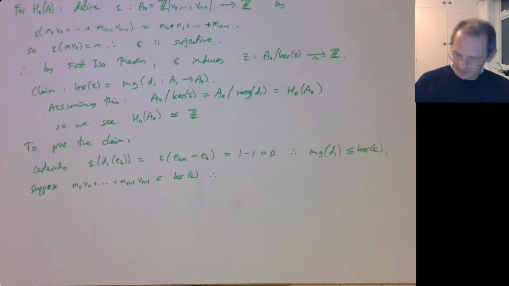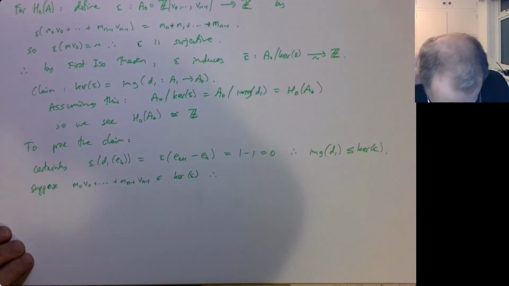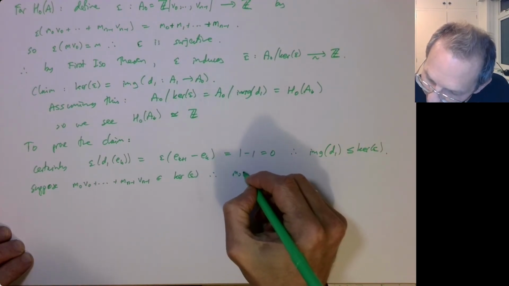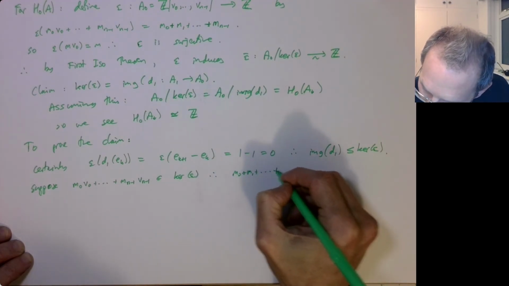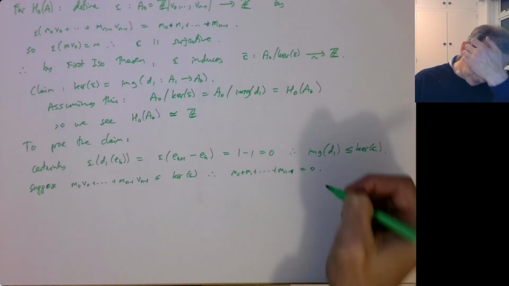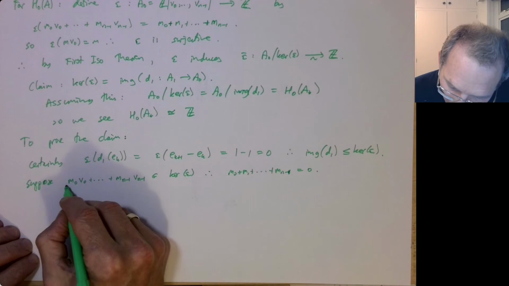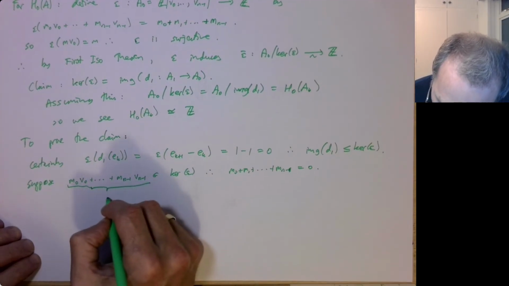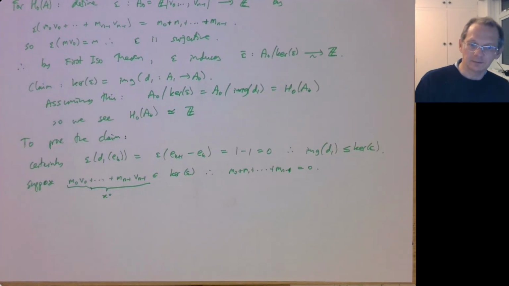So that means that m0 plus m1 up to mn minus 1 is 0. I'll call this x.